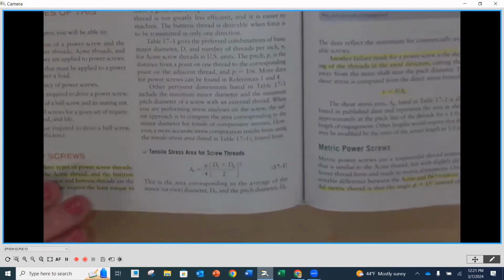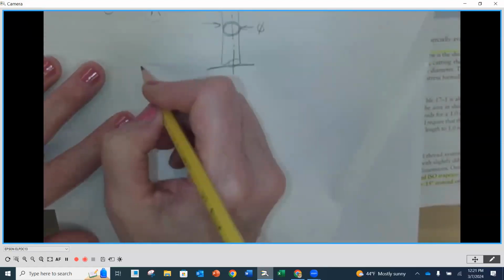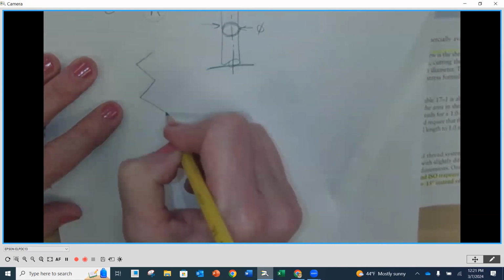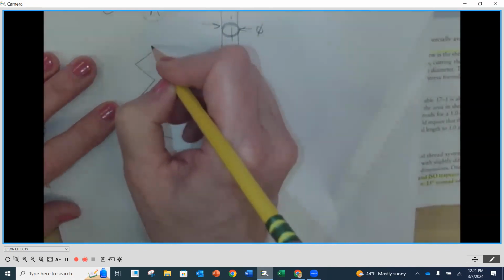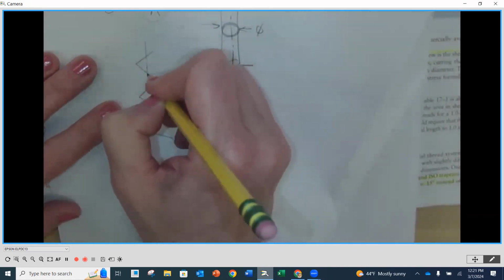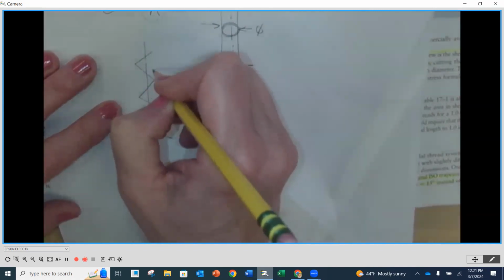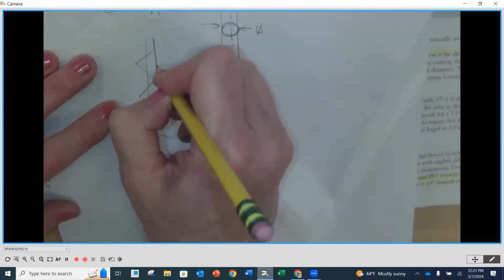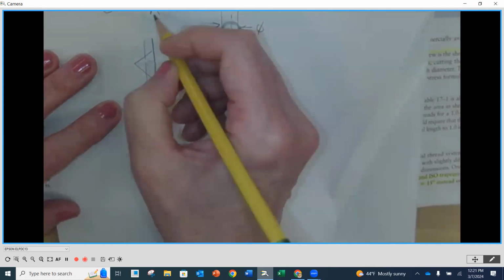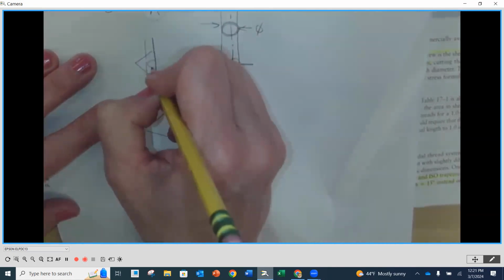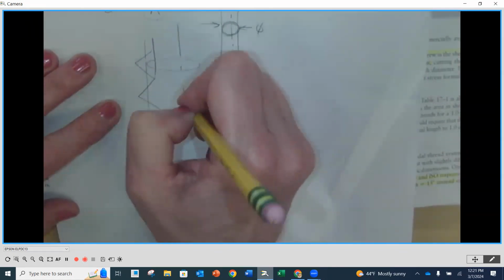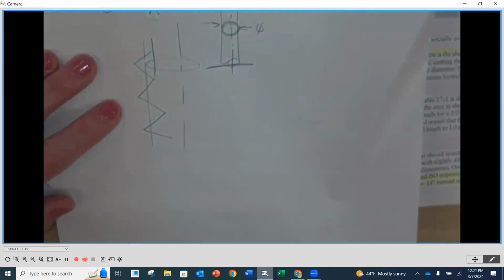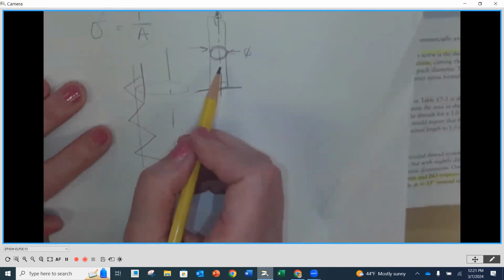They don't have a great illustration here, but when we look at an Acme thread, and I'm just kind of going like this, they're going to take an average between here and what would be the root diameter. So they're going kind of in this area right here. What would that diameter be on the other side of that thread as well? Does that make sense? That's the diameter that they're taking when they're looking at this one.